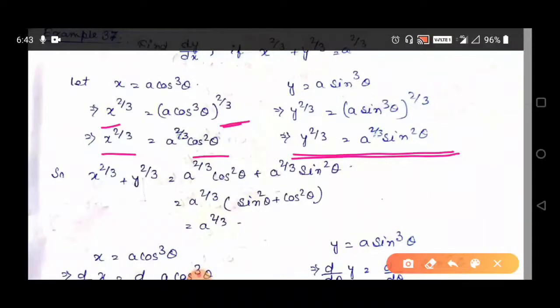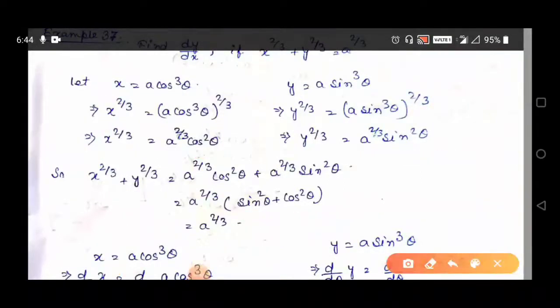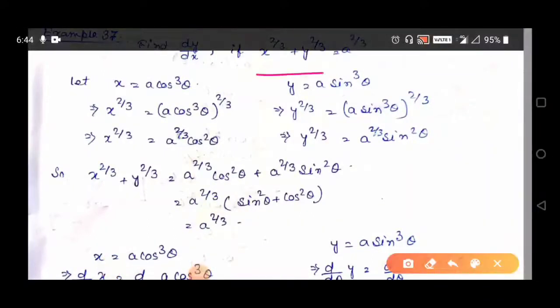Now if we add x to the power 2 by 3 and y to the power 2 by 3, we will get a to the power 2 by 3 because sin square theta plus cos square theta is equal to 1. So our assumption is correct. We have assumed x equal to a cos cube theta and y is equal to a sin cube theta because in our question the third variable is not given. So now we have the third variable and the third variable is theta, which is the parameter.